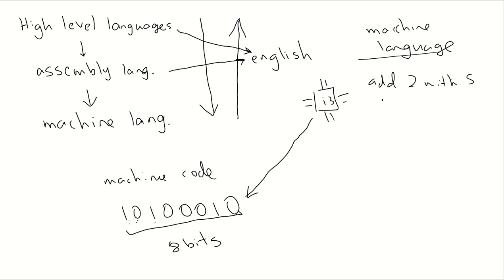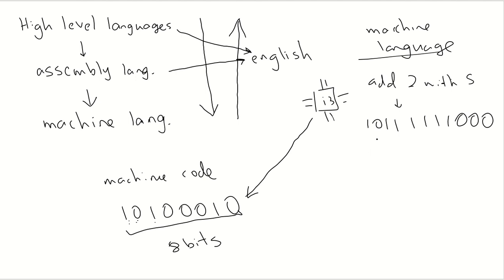So instead of saying, hey, can you add 2 with 5, I say 1011 1111 000, and you feed this instruction, the sentence in machine language, into the processor, and the processor will understand the sequence of bits and give you an output.